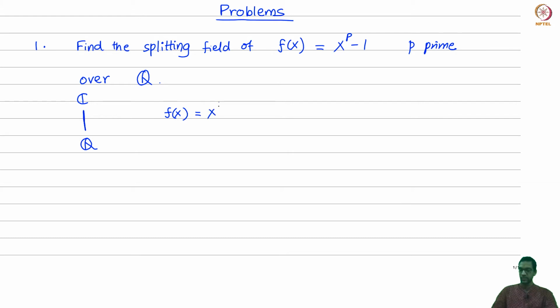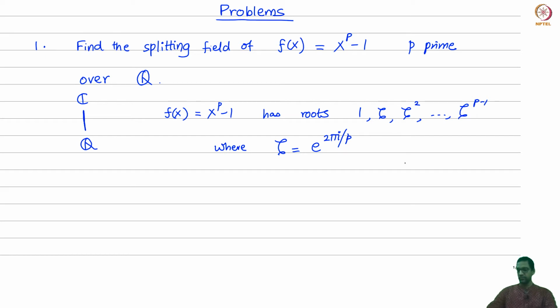So f of x equals x to the p minus 1 has complex roots. Well, what are they? They are 1, zeta, zeta square, and so on till zeta to the p minus 1, where zeta is what we would call the primitive pth root of unity. So it's e to the 2 pi i over p.